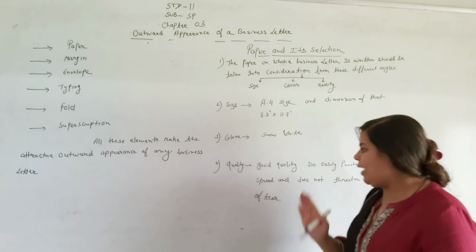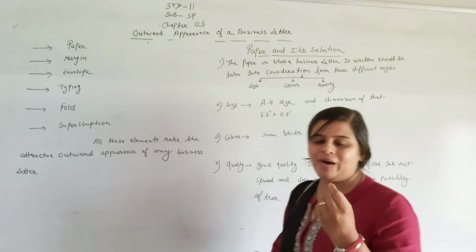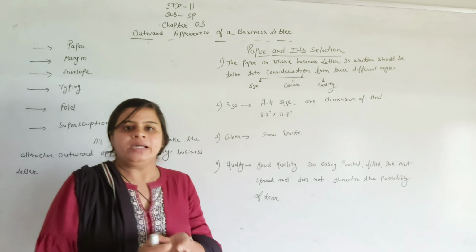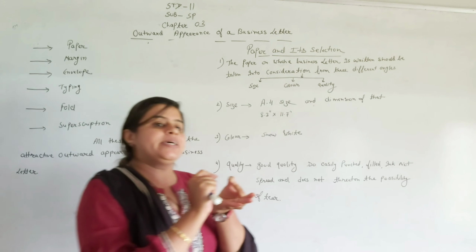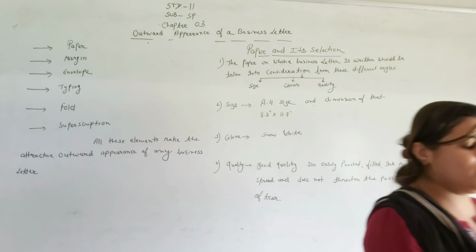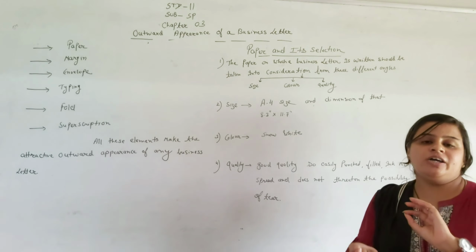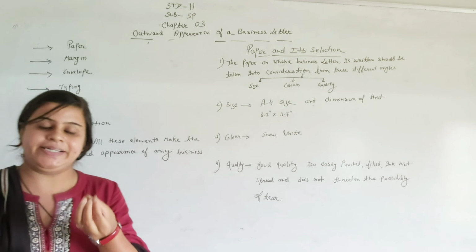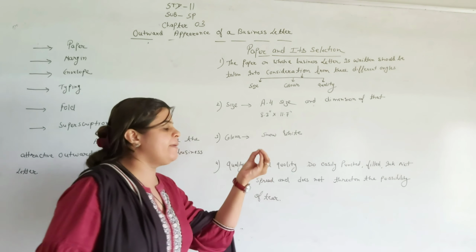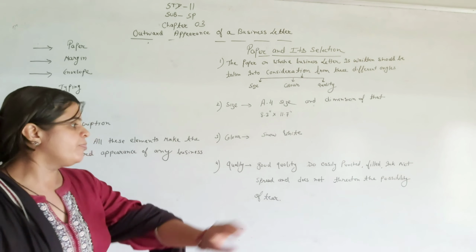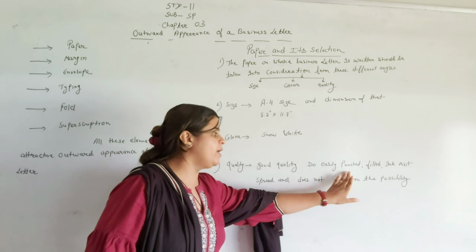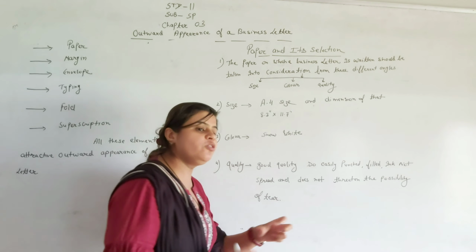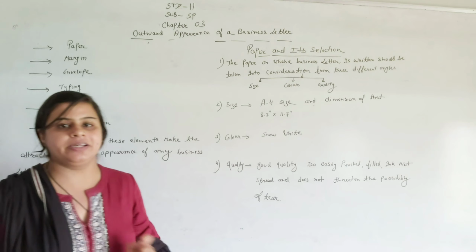And next is quality. Definitely the quality of paper must be a good quality. Ink spread नहीं हो उस पे, फटने का डर नहीं हो, क्योंकि if we have to punch it या if we have to attach some more documents with such letter, तो उसकी पेपर क्वालिटी थिक होनी चाहिए, अच्छी होनी चाहिए, so easily punch, filled, ink not spread and doesn't threaten the possibility of tear. उसके फटने का भी डर नहीं रहे.